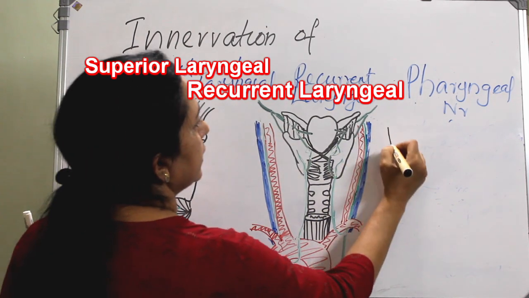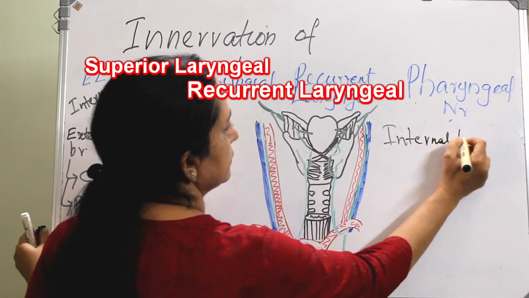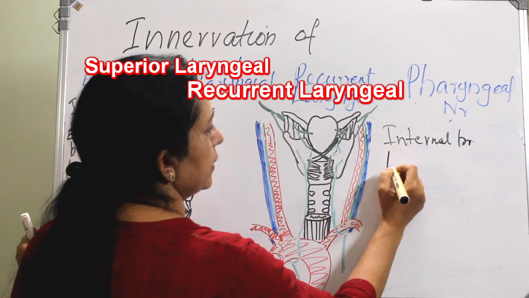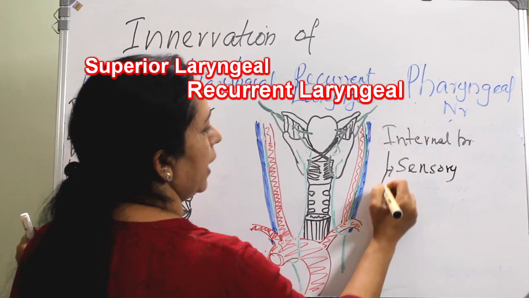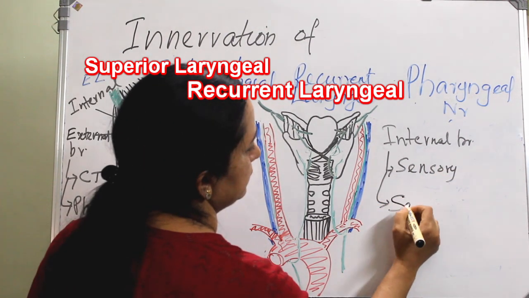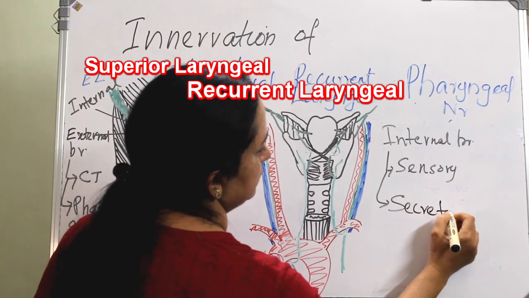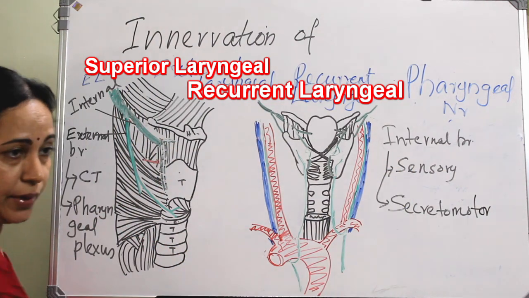is basically internal branch, contains sensory fibers, also parasympathetic secretomotor fibers. Sensory to where?